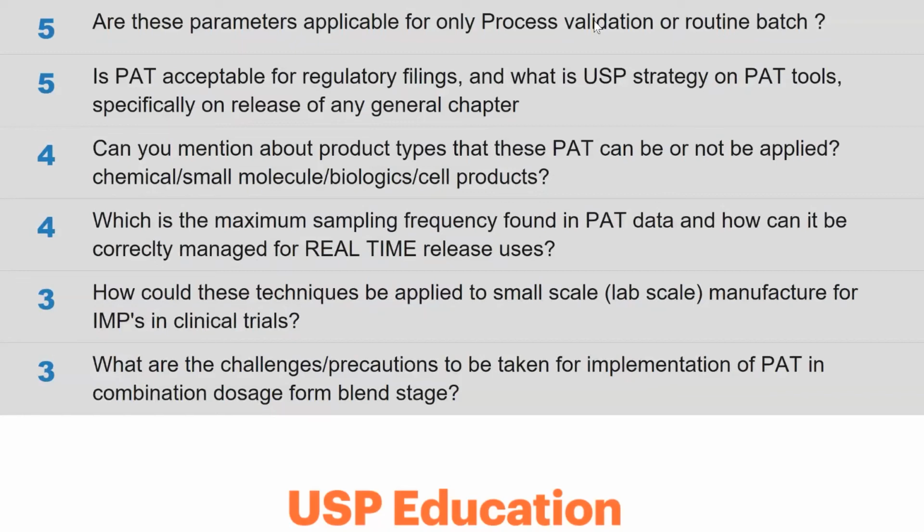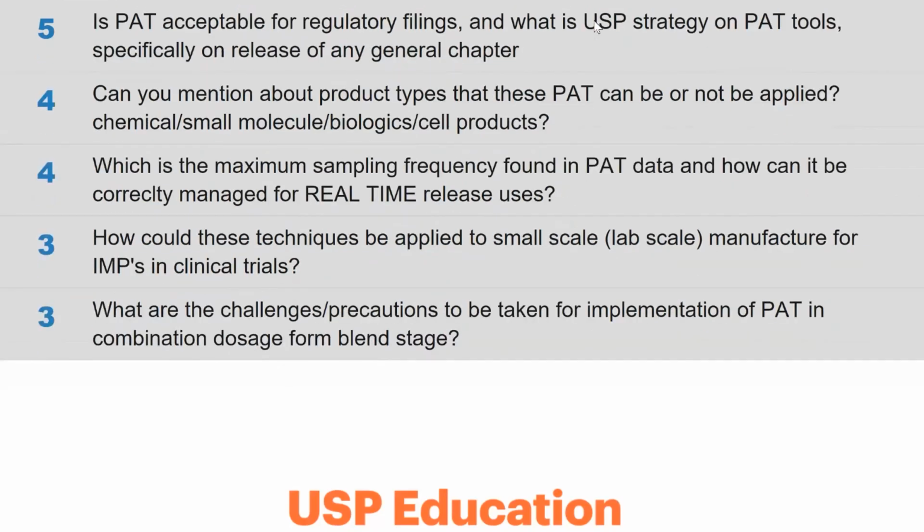And again, this goes back to the idea of quality by design. Imagine a process where you can easily determine that every batch is blended to within a specific range. So you're essentially validating that every time.